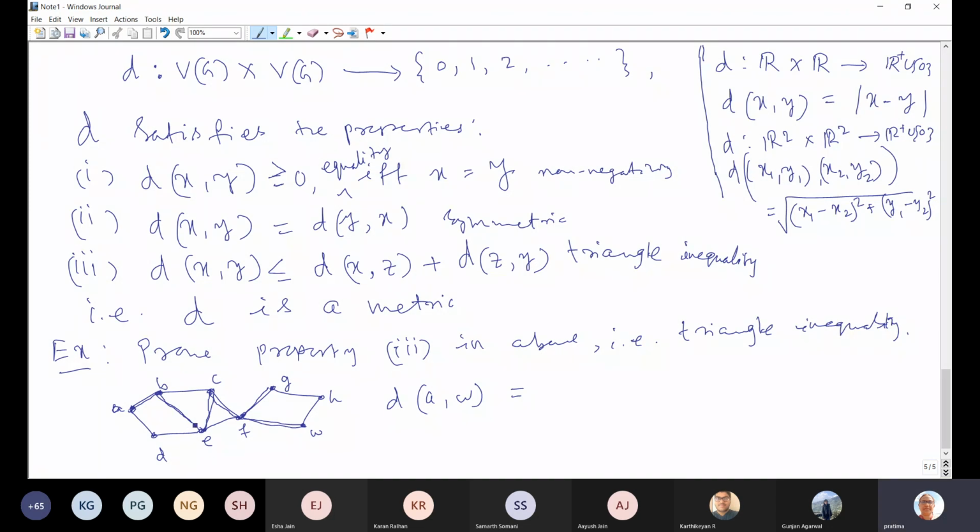So what will be the distance between A and W? Do we have a path of length smaller than 5? Yes, 4. Oh yes, we can have this one, that is 4, right? It is like this.